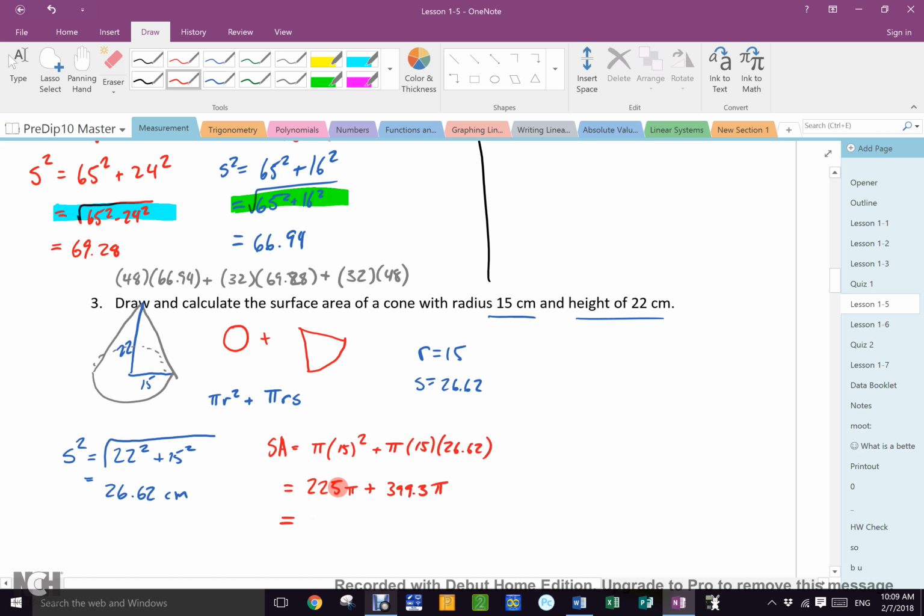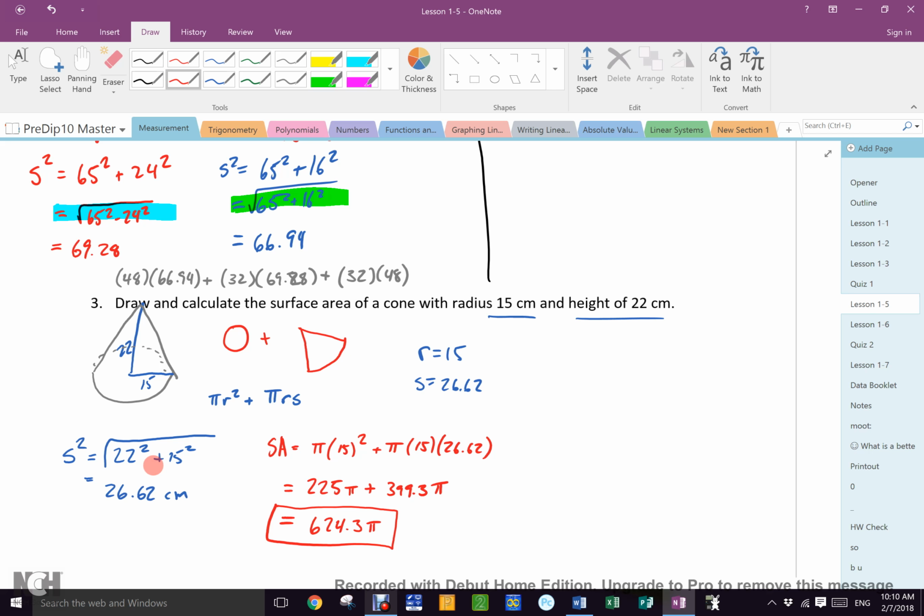Now, what do I do when I have 225 pi's and 399.3 pi's? Just split them up and share it with your friends. You add them. Right? So it is 624.3 pi. That's what I want to see. In a perfect world, I wouldn't even have done the square root over here. I would have left that as a square root. But we're not going to get to that till the third unit.